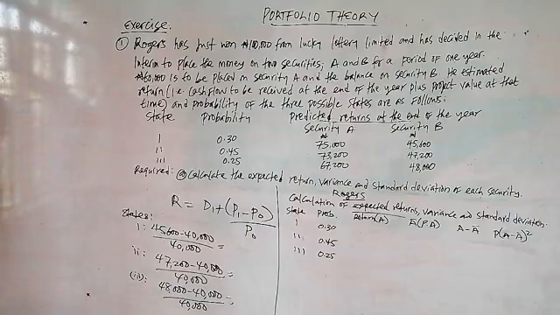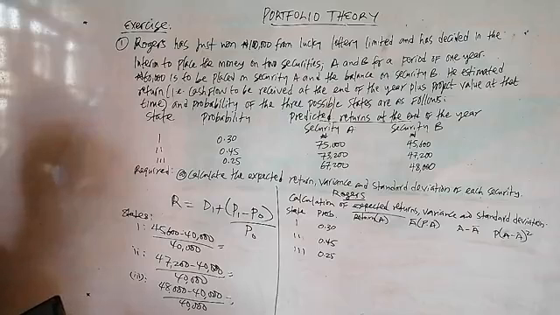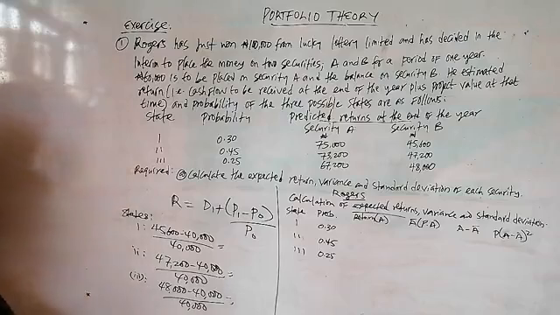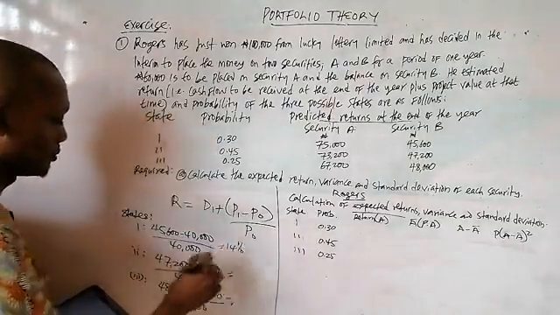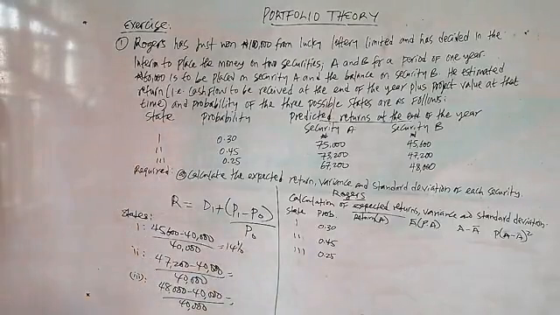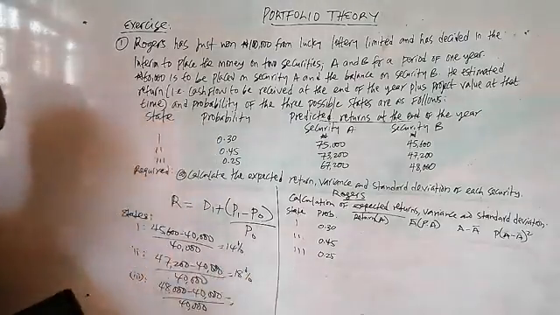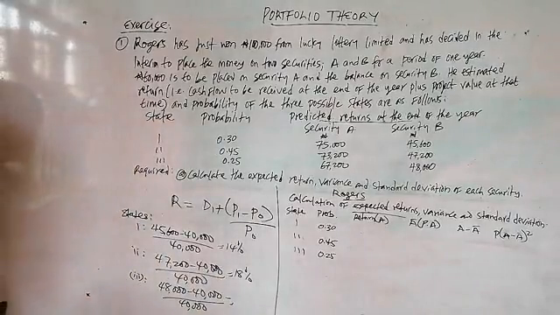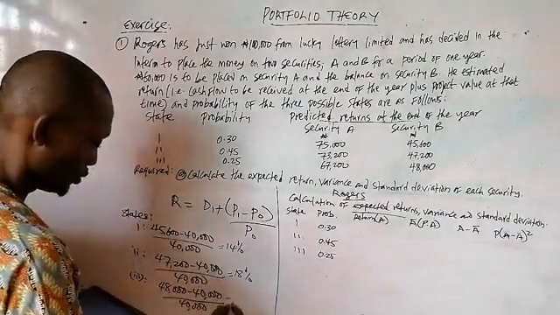So what do we have? 45,600 minus 40,000 divided by 40,000 is 14%. 47,200 minus 40,000 divided by 40,000, we have 18%. 48,000 minus 40,000 divided by 40,000 is 20%.